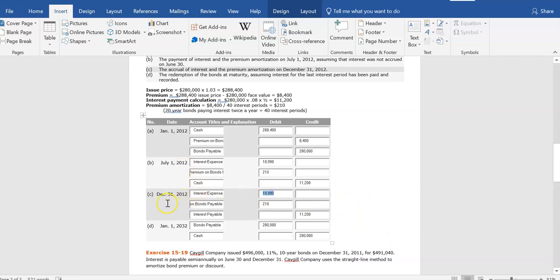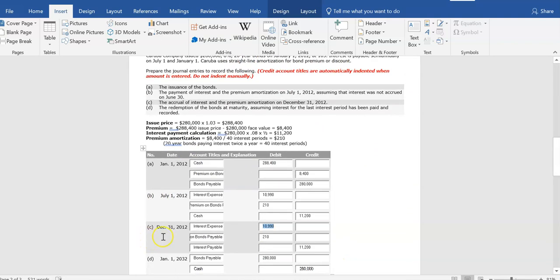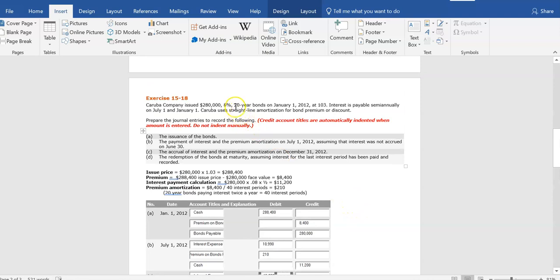This interest payment journal entry will be recorded every 6 months for 20 years. With the straight line amortization, it's the same journal entry for the interest payment every interest period over the life of the bonds. 20-year bonds, we will make this payment 40 times.